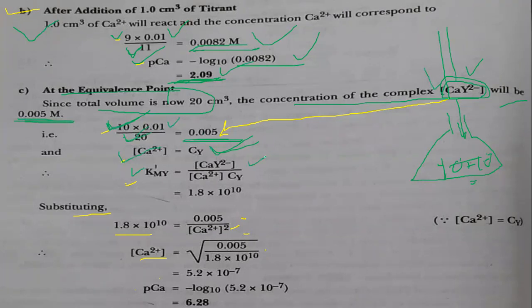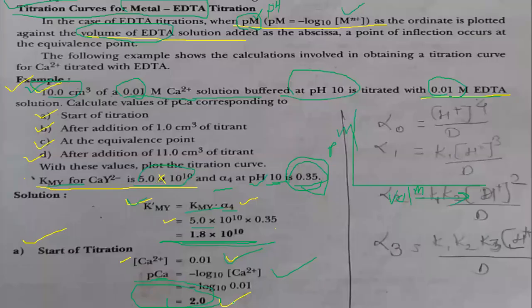CaY2 minus concentration of our complex upon concentration of Ca2 plus into Cy. Right? But we know that Ca2 plus is equal to Cy. Therefore, can I write here? You know the value of K dash My. जी तुम्ही अगोदर काढलेली आहे. कुठे काढलेली आहे? Here it is K dash My.